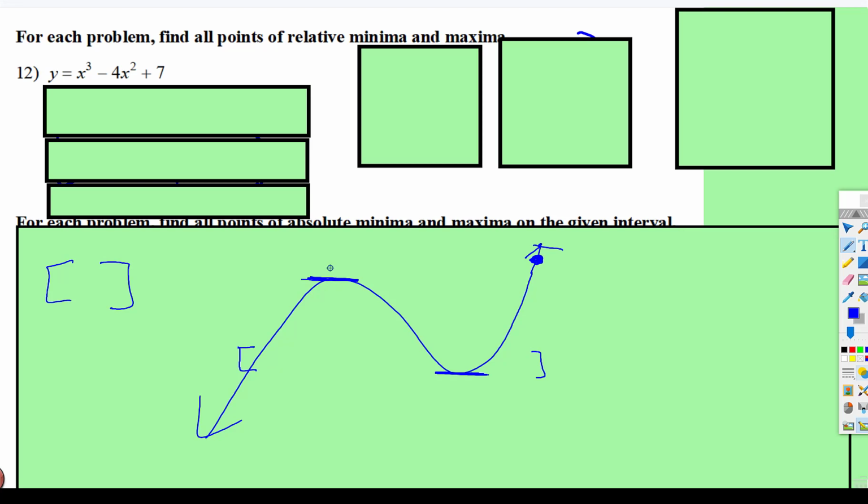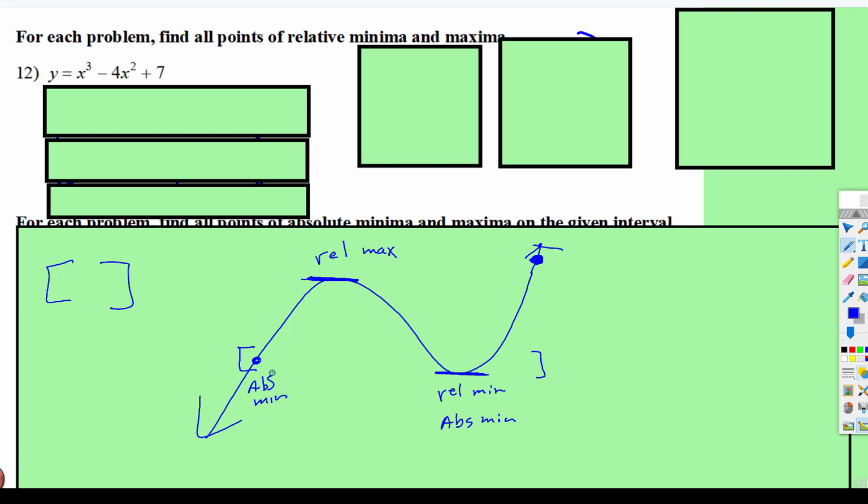But this right here would be a relative max. Well, and if this point right here happens to be the same height as that, well, whatever that height is would be both a relative min and an absolute min. And this point right here would also be an absolute min.